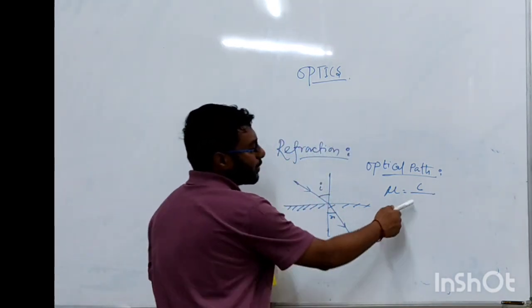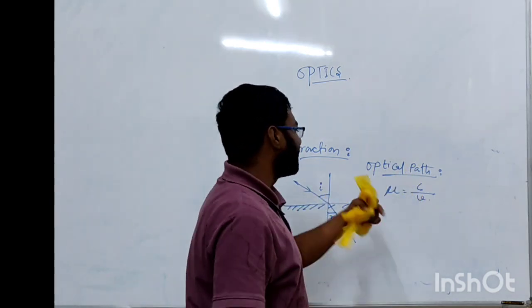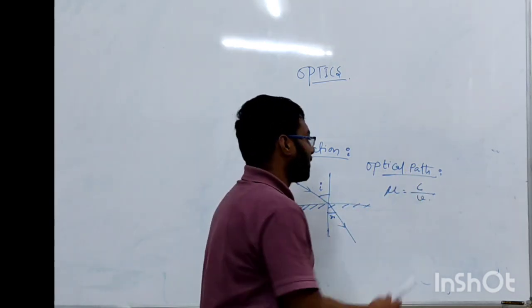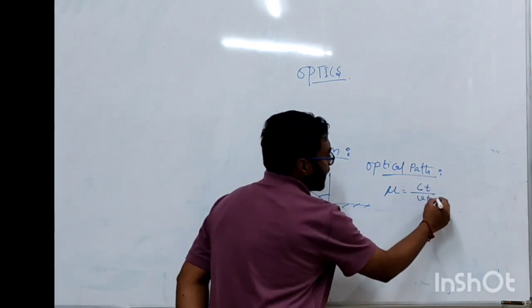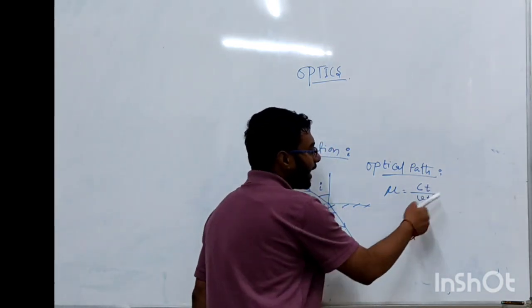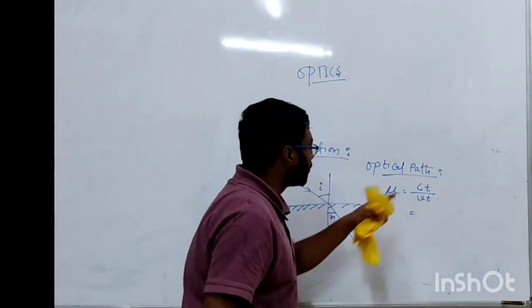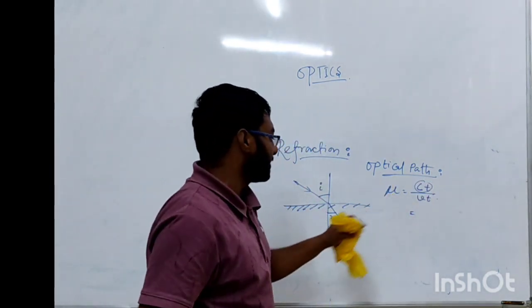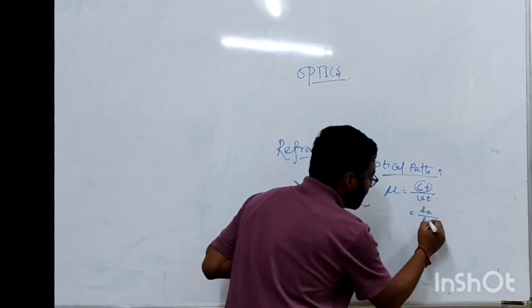Consider that in a specific medium the velocity is v, and we already know that in air or in vacuum the velocity of light is equal to c. If we take time as constant for both cases, we can write ct and vt. So we get LA by LB.